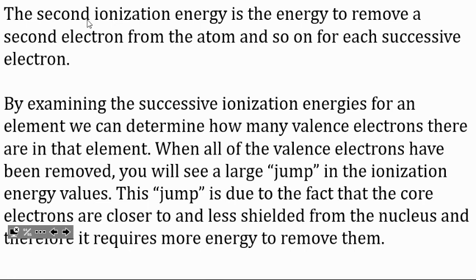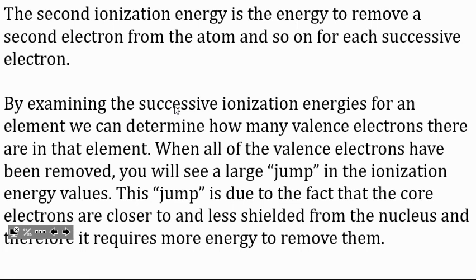All right. Second ionization energy is pulling another electron off of the same atom. It gets harder to pull the second electron off. Why? They repel. We have the same number of protons pulling on fewer electrons.